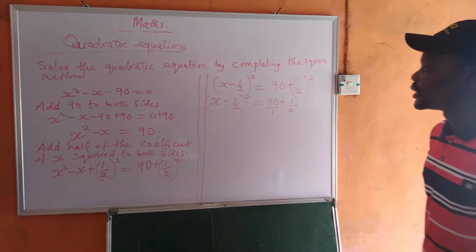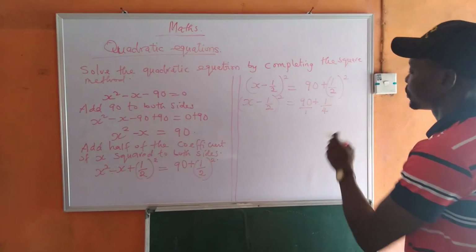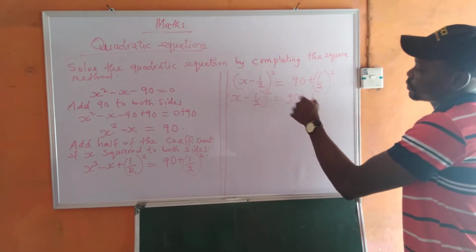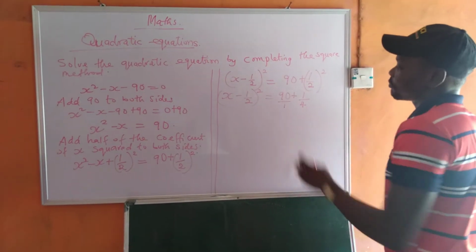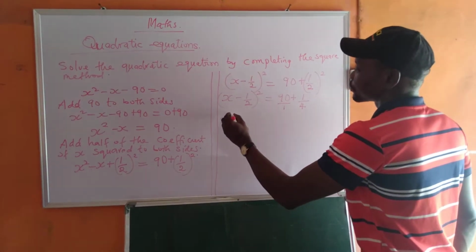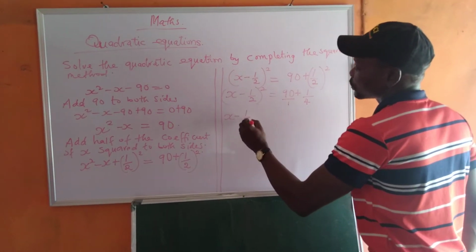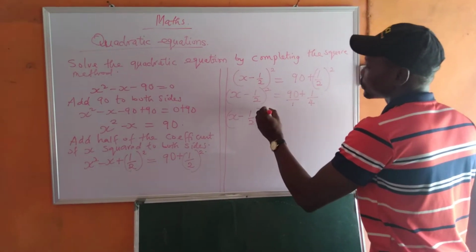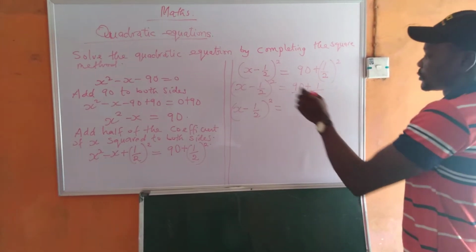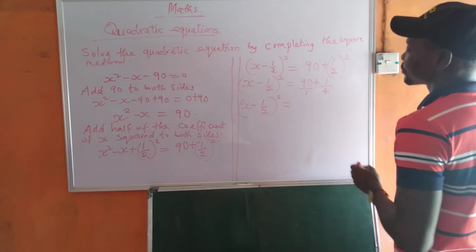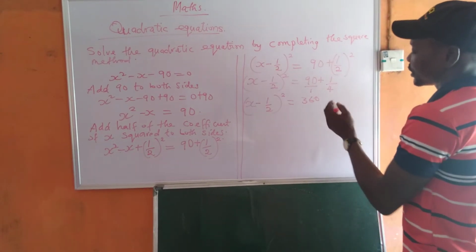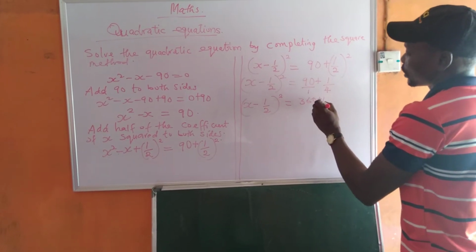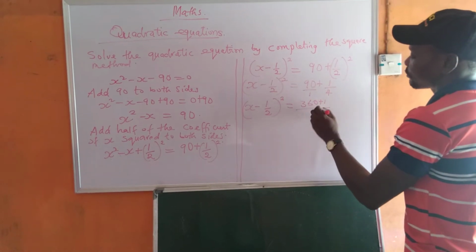Now, after doing this, let's do some mathematical calculations in this place to have one value. We have x minus 1 over 2 all squared equals, so 90 times 4, we have 360. 1 times 1 plus 1 all over 1 times 4, that is 4.